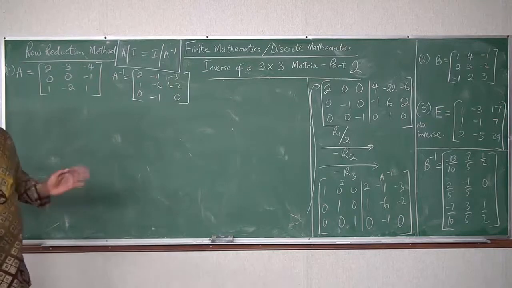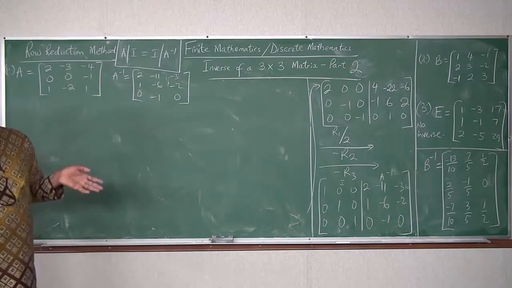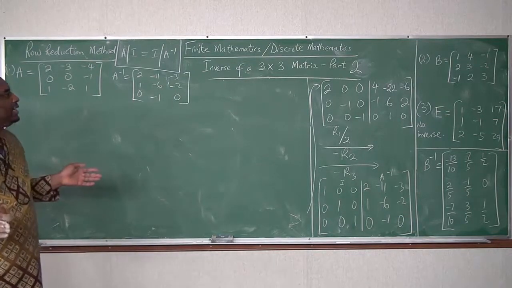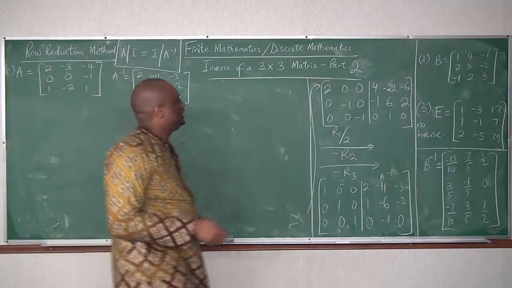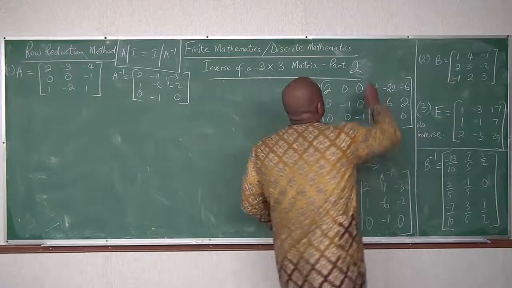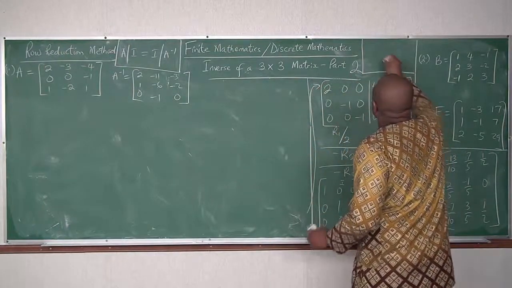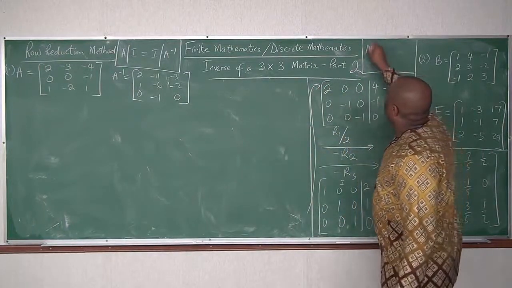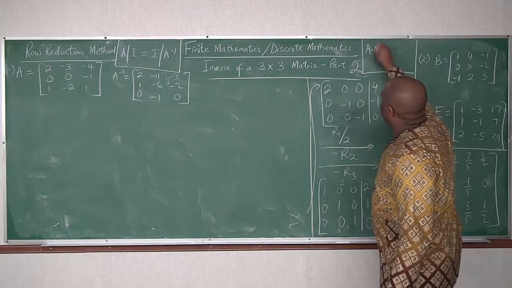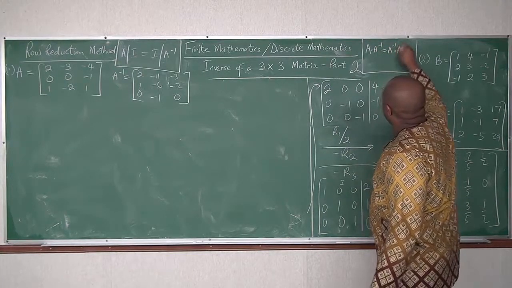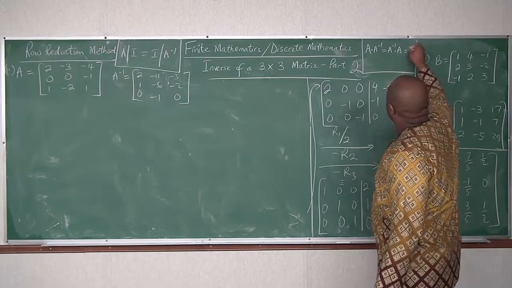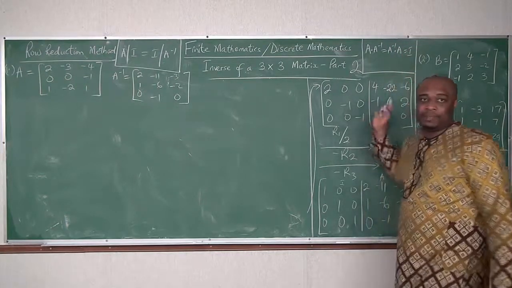Do we stop here? No. We have to check. You remember the check. What principle is the check? That A times A inverse is the same thing as A inverse times A, and it's equal to I, an identity matrix.